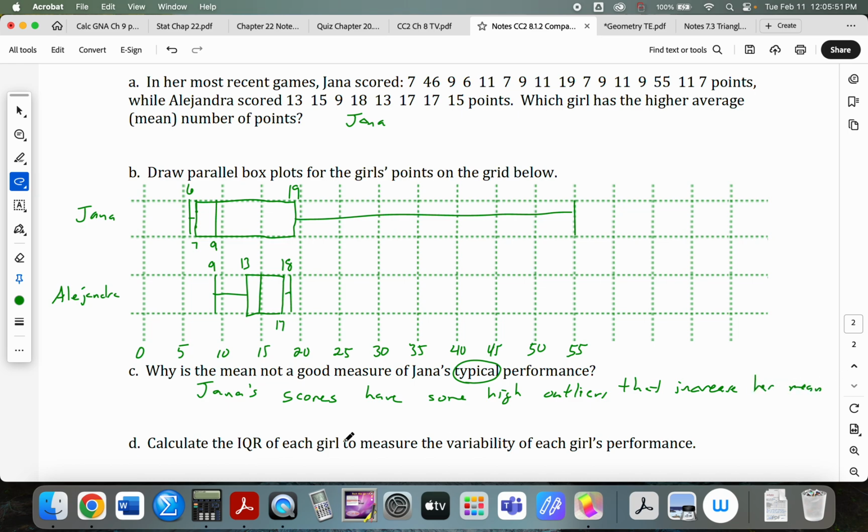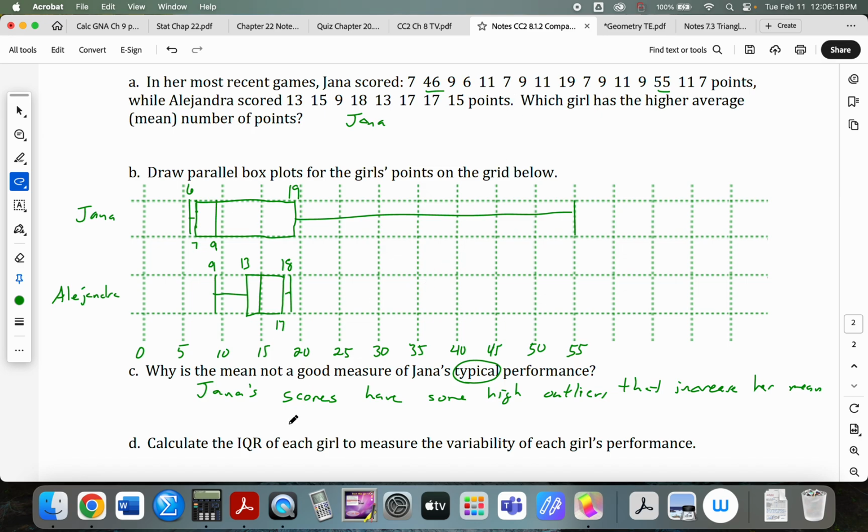In fact, according to my calculator, and we'll talk about this another day, we aren't going to do it as of yet, it actually says that 55 is an outlier, and so is 46. Both of those are outliers. So it says there's actually 2 outliers.